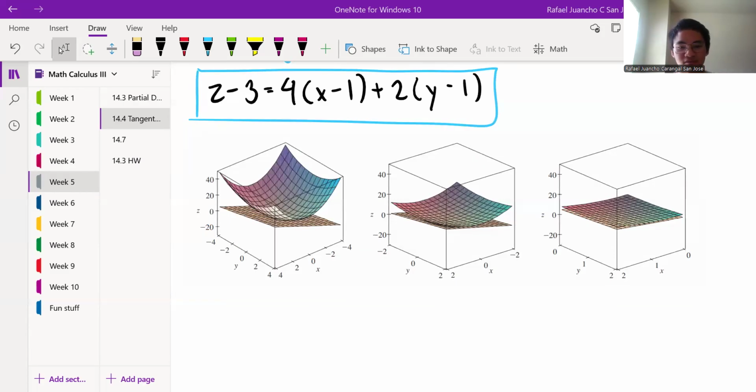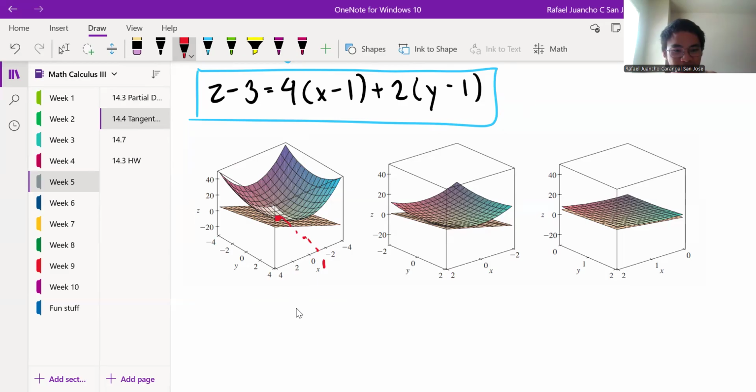I'm talking about this squiggly thing here. That was an elliptic paraboloid, and what its tangent plane is at 1, 1, 3. So it's at, I'm guessing, this point here. That's 1, 1, 3.